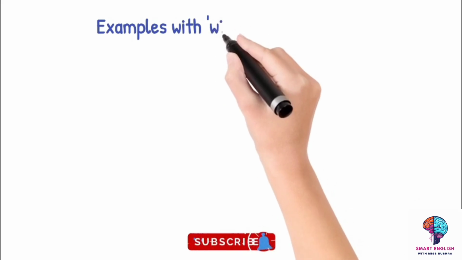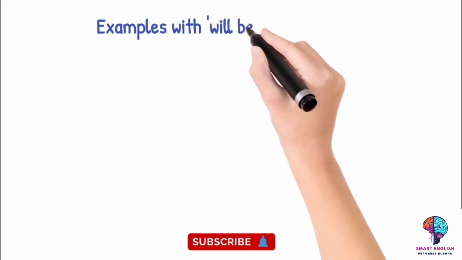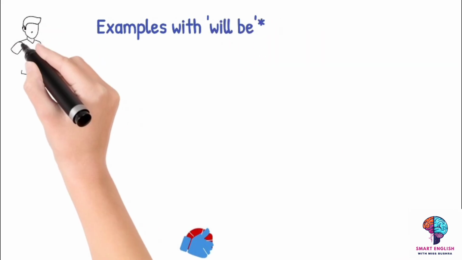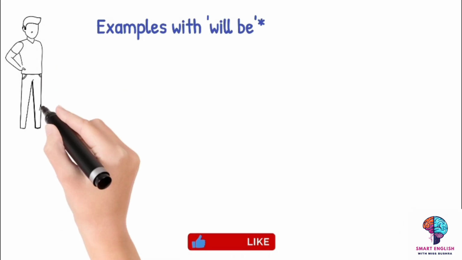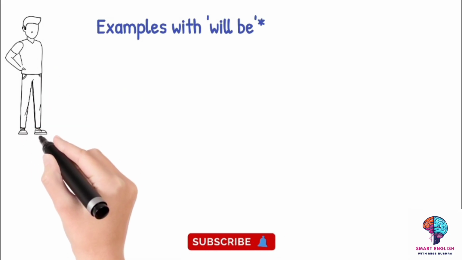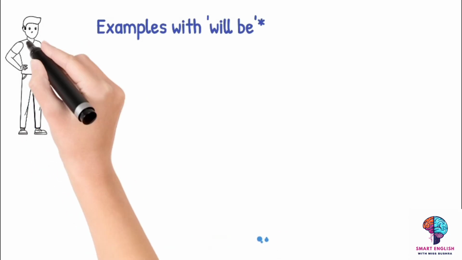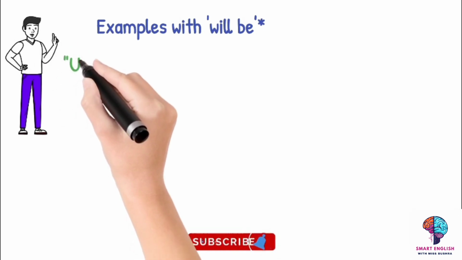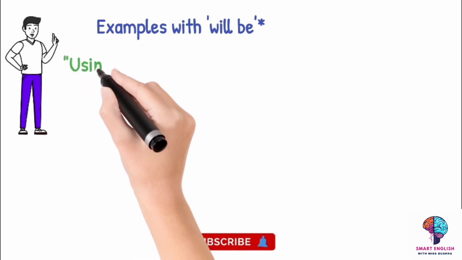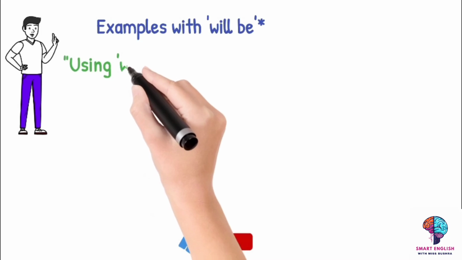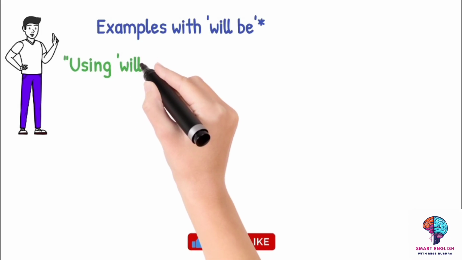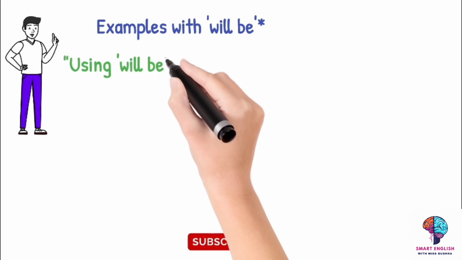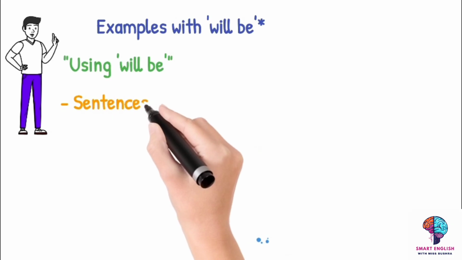Once again, similarly to the previous lessons, as I taught you the present states and past states, in the future states the structure will be similar, but the helping verb will be a bit different. So, in the future states, we are going to explore where to use will be, how to use will be, and some examples from our daily life.